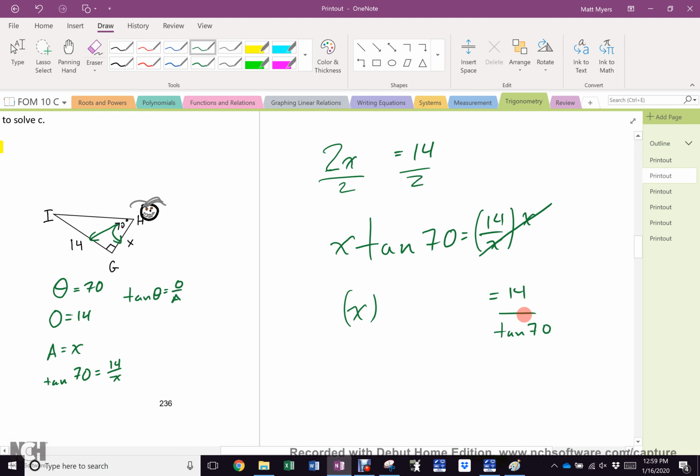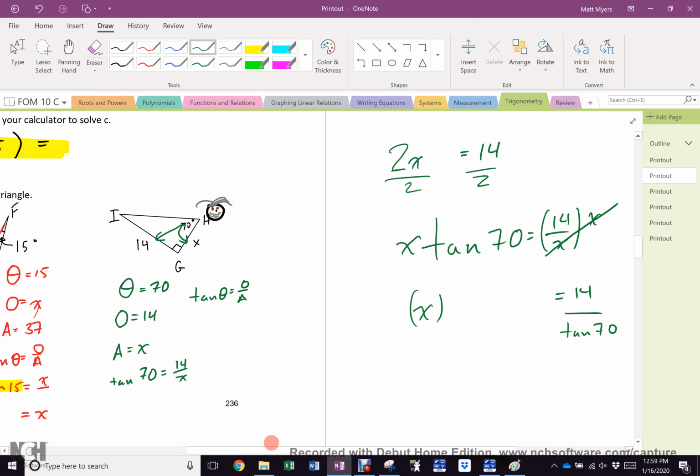Everybody cool? Now look back over here. If that's what it ends up looking like, can't we just skip all that algebra? What am I going to write here? 14 divided by tan 70 equals x. Do that on your calculator and tell me how big x is.